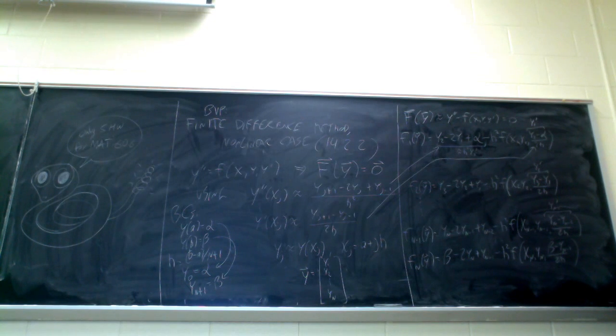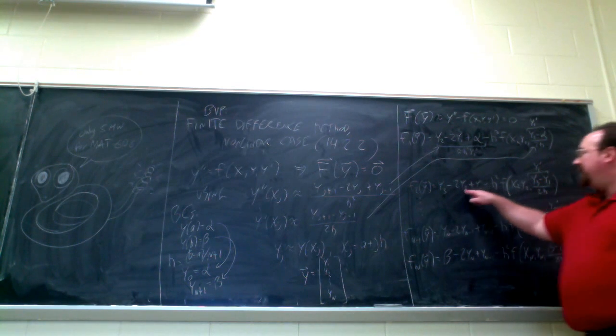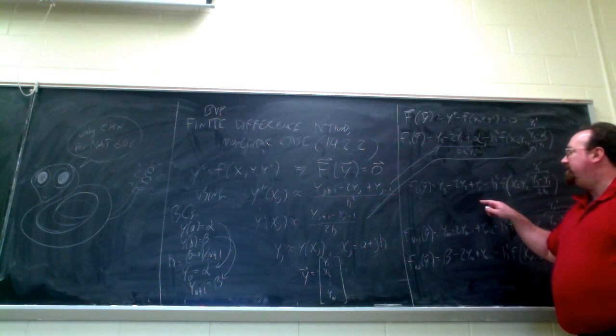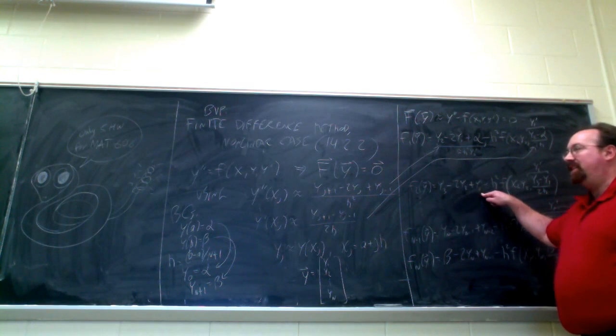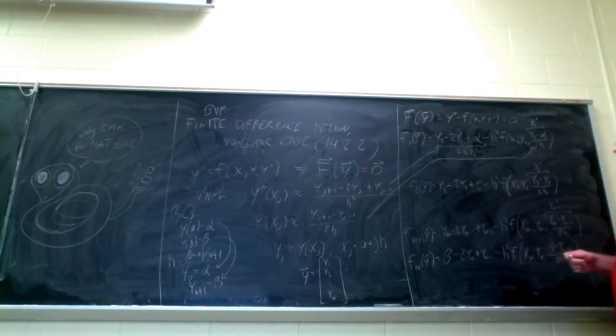You're going to have diagonal entries, super diagonal entries because of yj plus 1, and subdiagonal entries because of yj minus 1. In other words, the Jacobian matrix is going to be tridiagonal. So I'm going to describe the entries on the diagonal, sub, and super diagonals, and then you'll have your Jacobian.